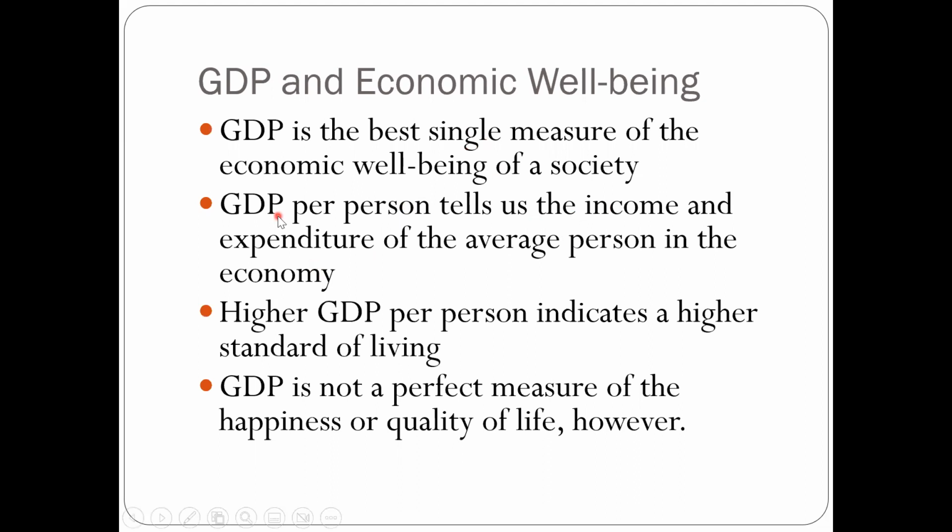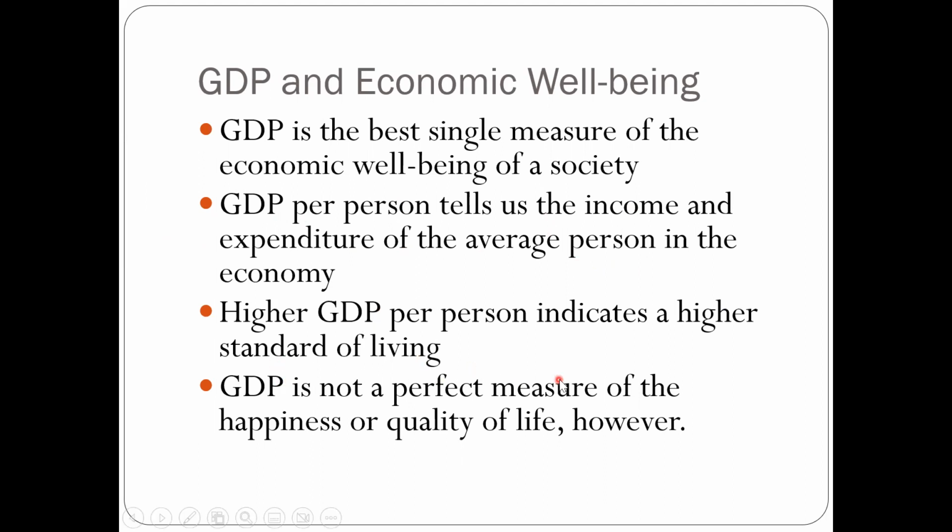GDP per capita, or GDP per person, we can calculate by dividing the gross domestic product by the total population, and we get the average person's income or expenditure. A higher GDP per person indicates a higher standard of living. All of that is clear, but GDP has some deficits.